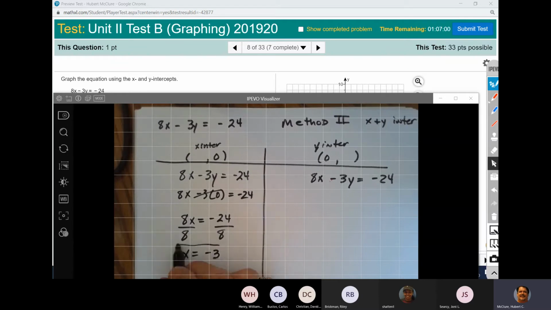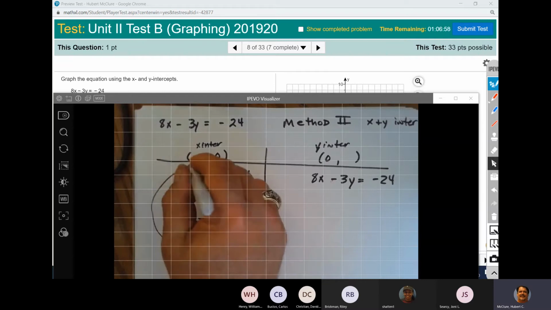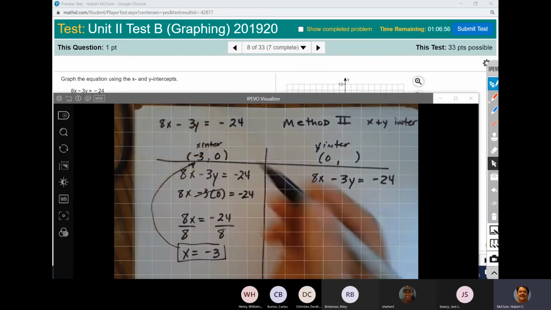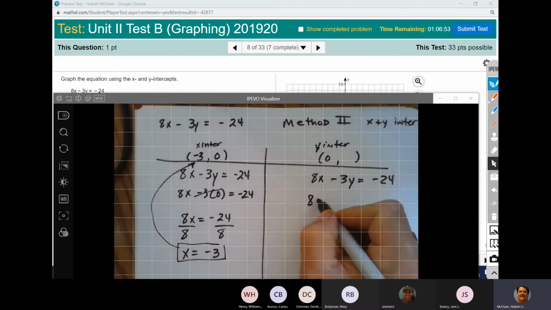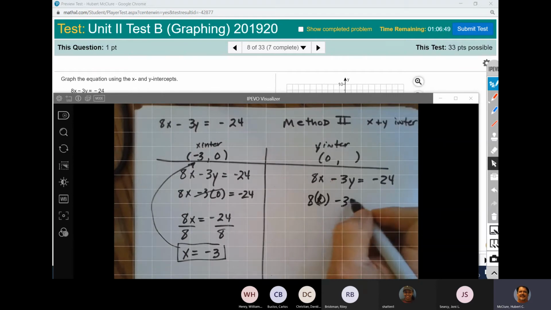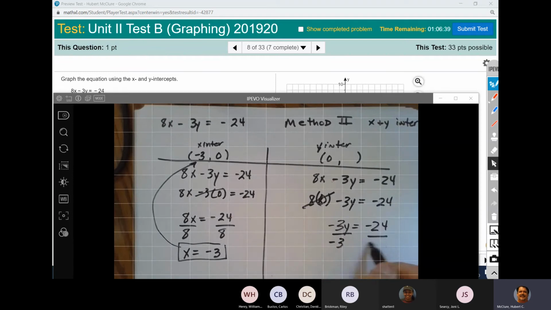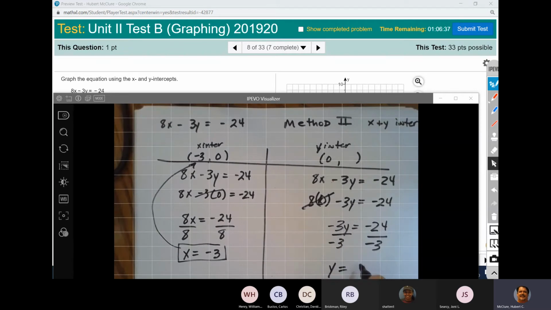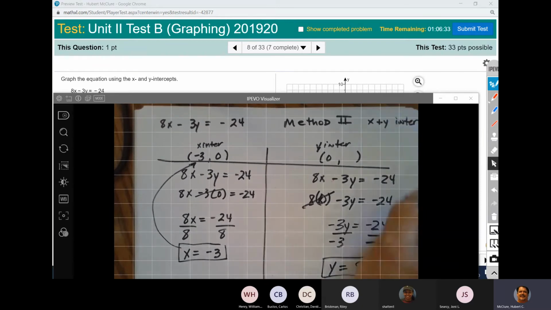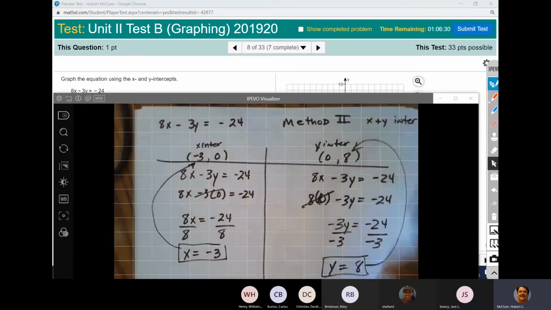Now 0, minus 3y is equal to negative 24. Negative 3y is equal to negative 24. Y is equal to 8. There's your 2 points.